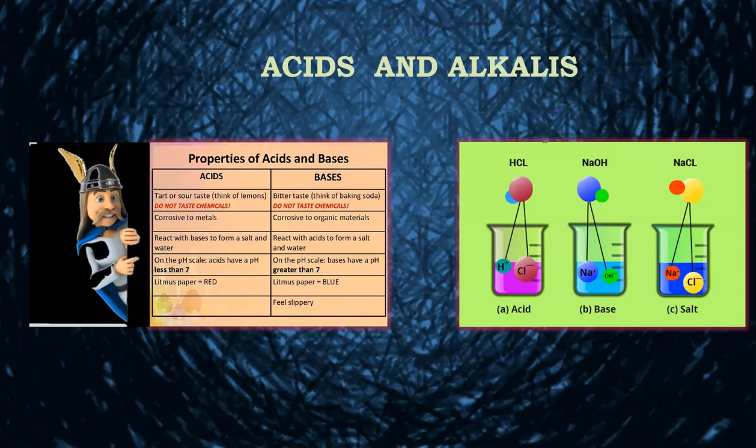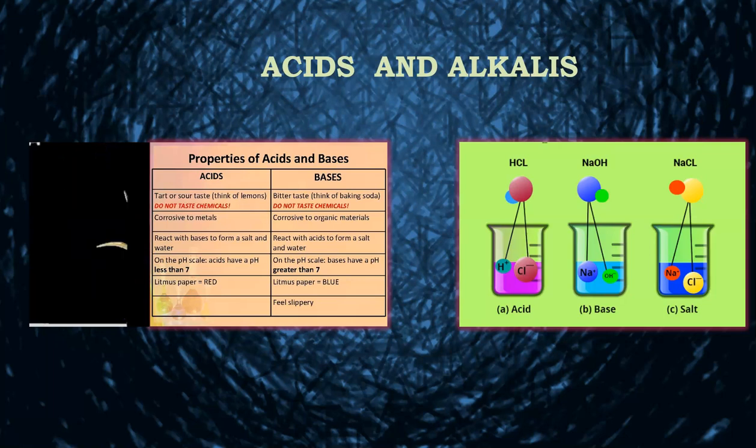Acids are corrosive to metals, whereas bases are corrosive to organic materials. Acids react with bases to form a salt and water, whereas bases react with acids to form a salt and water. On the pH scale, acids have a pH less than 7, whereas that of bases is greater than 7.